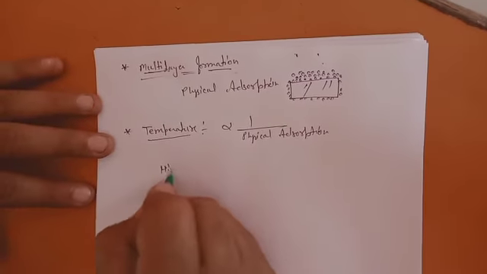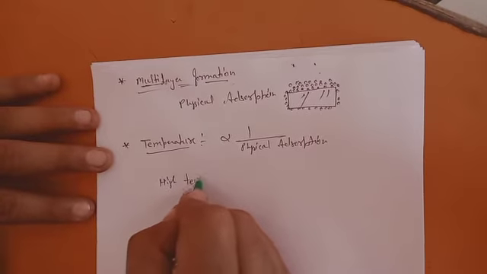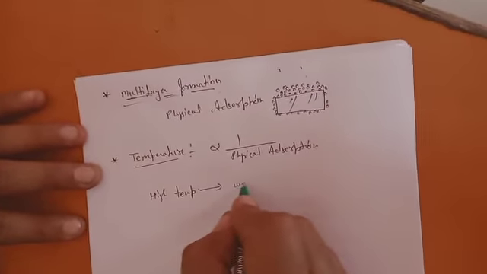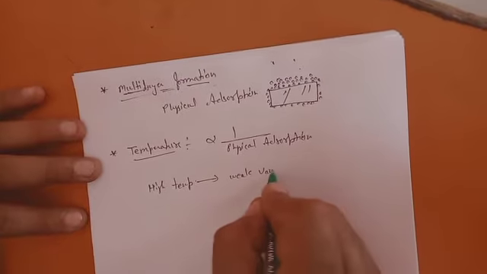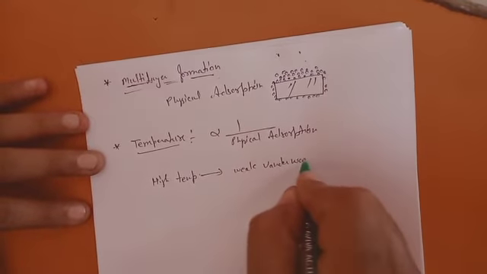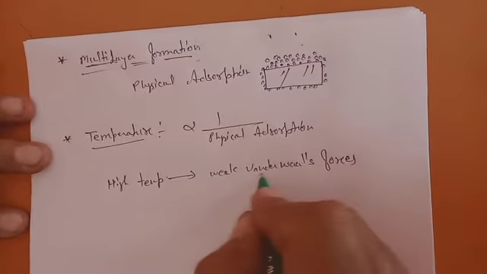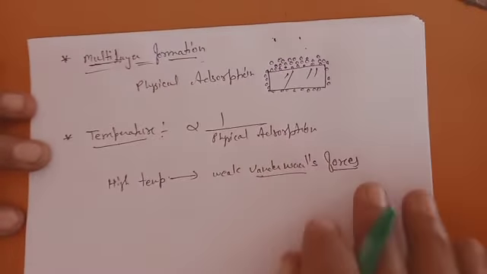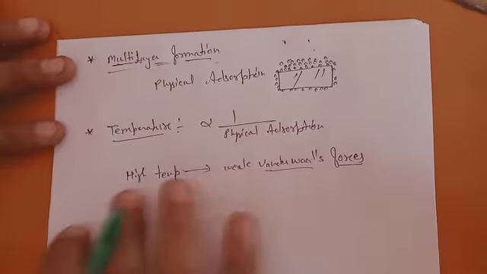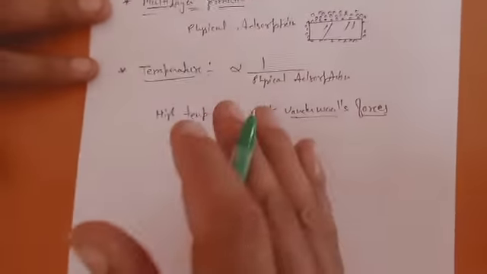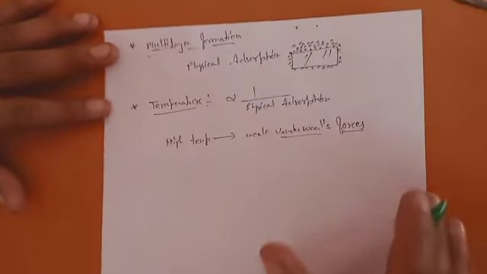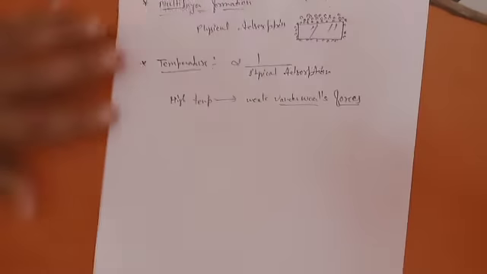Because at high temperature, van der Waals forces are weak. Meaning to say, van der Waals force gets decreased, and this is dependent on van der Waals attraction. So that's why physical adsorption shows an inverse relation with temperature. You increase the temperature, adsorption will become lesser, in this case particularly.